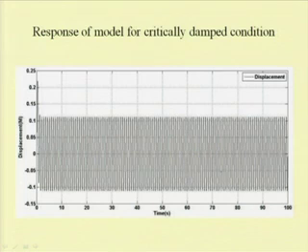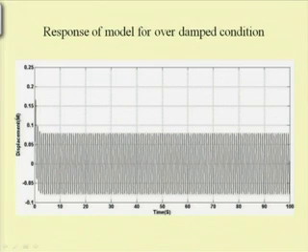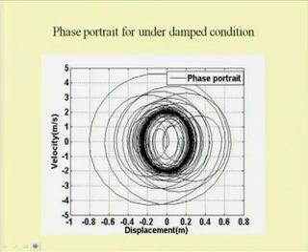So, this represents the critically damped case. Here the displacement is in meters and time in seconds. Similarly, one can find the response for the overdamped case. If one plots the phase portrait, it is plotted along with the transient part, that is why it shows both the transient and the steady state response.